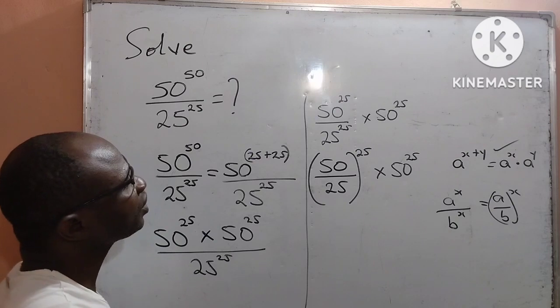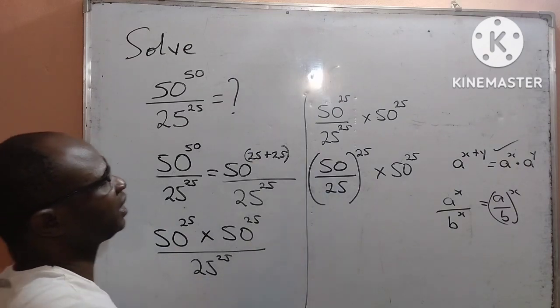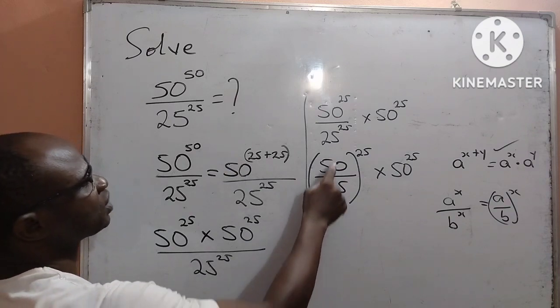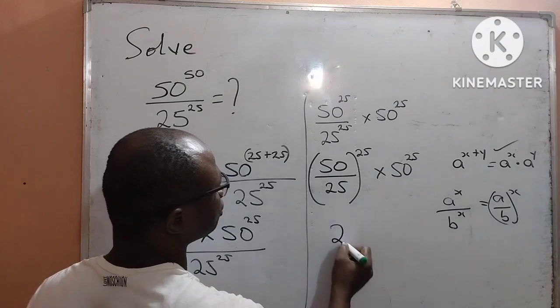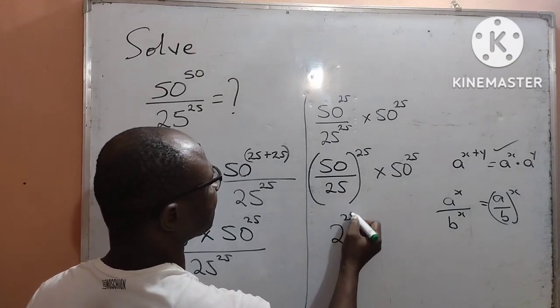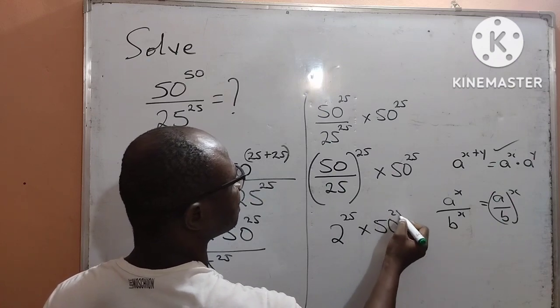Very good. So at this point, I can now divide inside the bracket, and this is 50 divided by 25. It is going to give me 2, still to the power of 25, then multiply by 50 to the power of 25.